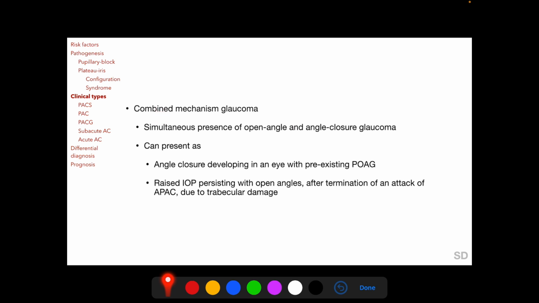Combined mechanism glaucoma can present as an angle closure developing progressively in an eye with pre-existing primary open angle glaucoma due to age-related increase in the anteroposterior thickness of the crystalline lens, or can present as raised intraocular pressure persisting with open angles after termination of an attack of acute primary angle closure and occurs due to trabecular damage during the attack.